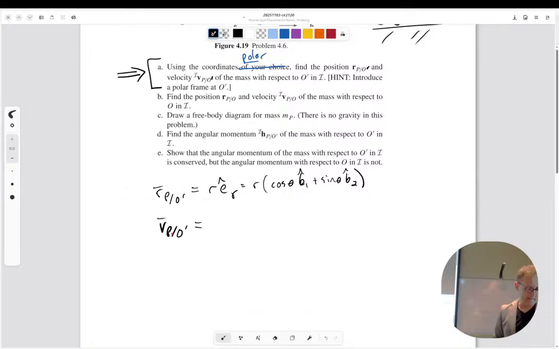What is velocity? It's a derivative, right? It's going to be our change. We could take a derivative of it, right? What's the derivative of r?